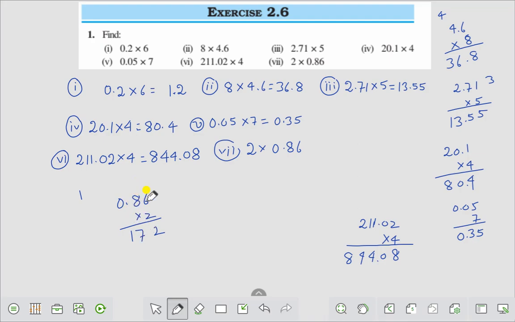Here you see the point is after 2 digits on the left side. Therefore give the point after 2 digits, that is 1.72. This is the solution of exercise 2.6.